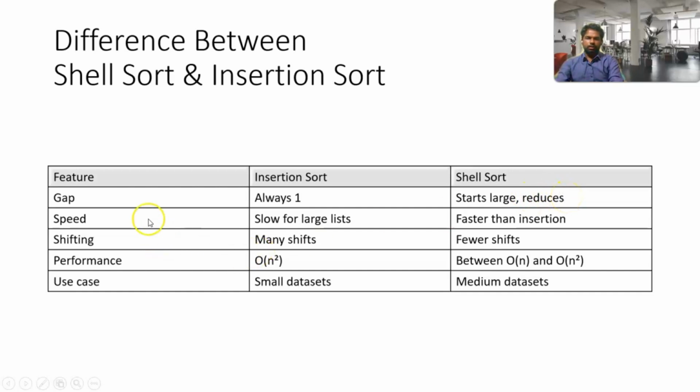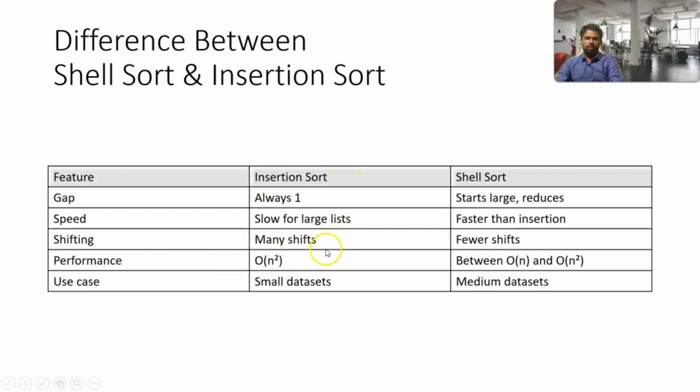From a speed point of view, insertion sort is slow for large lists. Shell sort is faster than insertion sort. Shifting: insertion sort takes many shifts, but shell sort has fewer shifts.